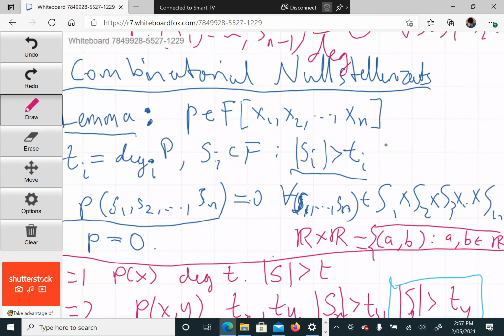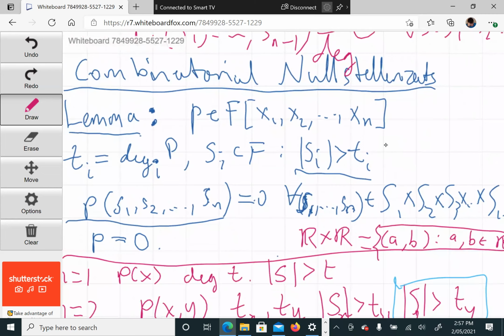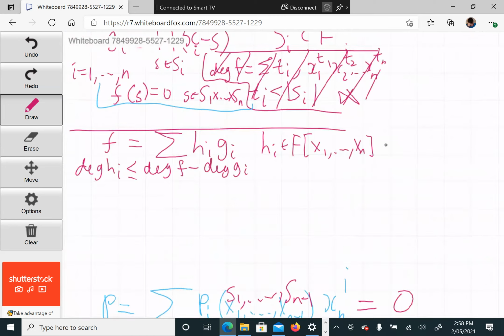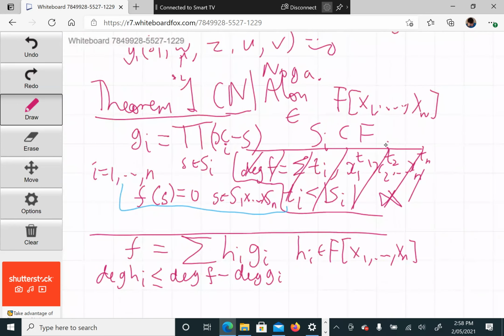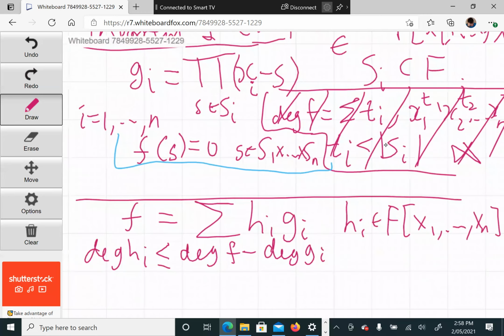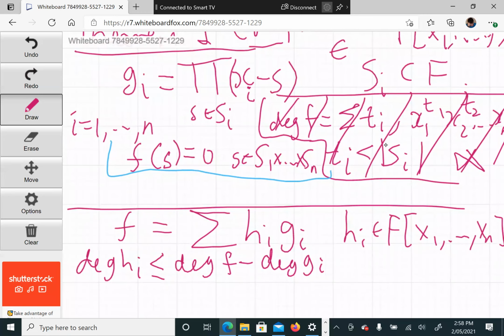Now theorem 1. Theorem 1 is f is the sum of hi gi. So if gi is that, and f of s is equal to 0, and the hi have degree: the degree of hi is less than or equal to the degree of f minus the degree of gi.